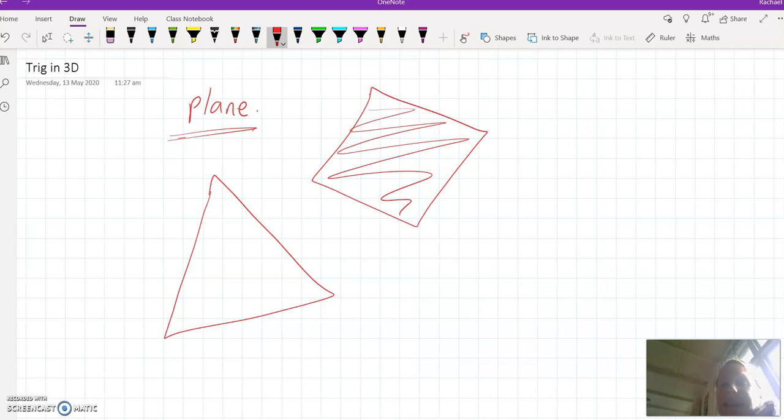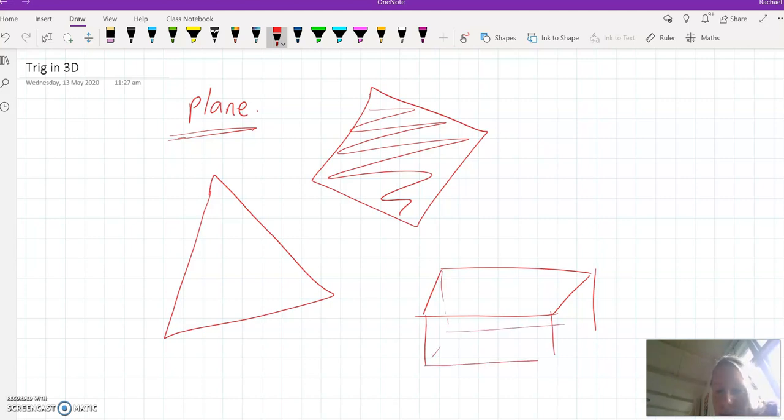And they might meet other planes along the edges. Okay, or also at their corners. So for example, if I were, let's say I just redraw the cuboid that they've got on the book there.